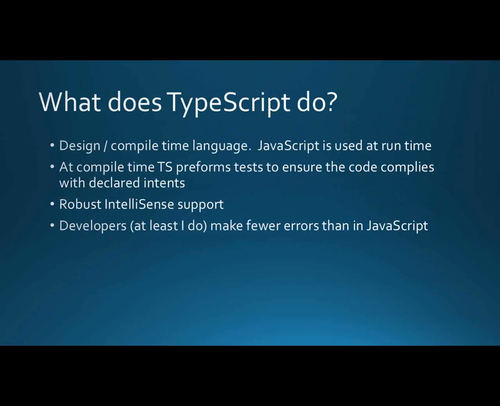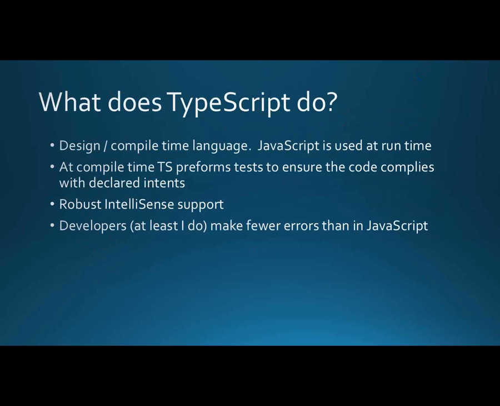In this case it will call the TypeScript compiler, or tsc.exe, and that will do one thing. It will look for all of your TS or TypeScript files in the project and will compile them, generating corresponding JS files or JavaScript. And the important notion here is that TypeScript is purely a design time language. You don't run TypeScript in the browser. Instead, you run the JavaScript that the TypeScript compiler generates.